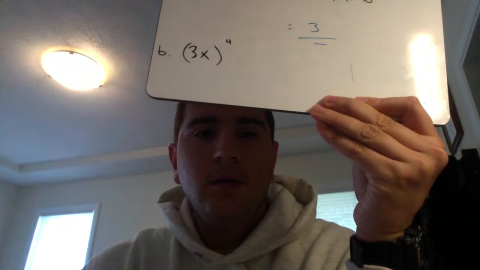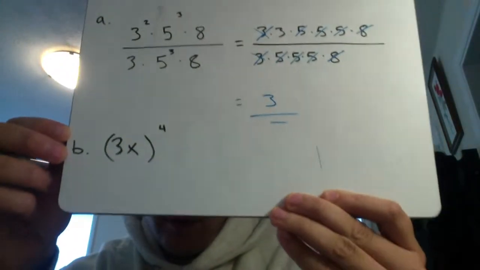Let's look at B. In B, they give us the problem 3x to the 4th.